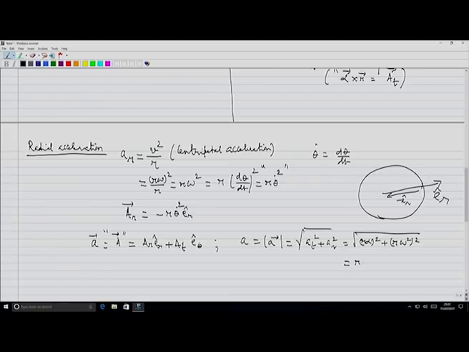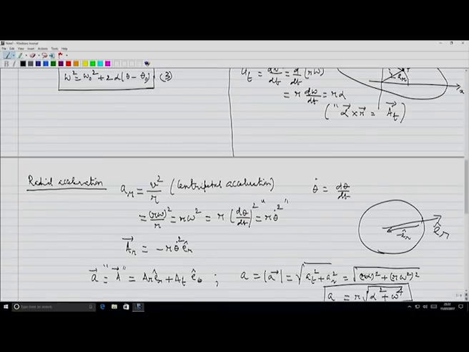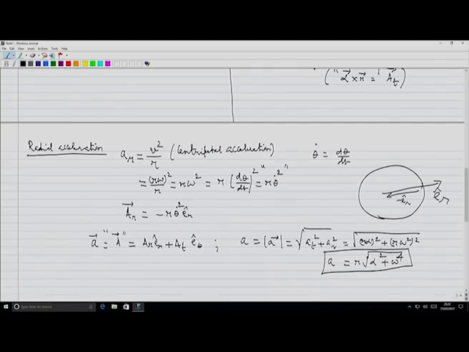This gives you r times the square root of alpha squared plus omega to the power of 4. This is the magnitude of the acceleration of a particle moving in a circular orbit. Now, the advantage of studying a rigid body about a fixed axis is that in a plane perpendicular to the fixed axis, every particle goes round in a circular motion.